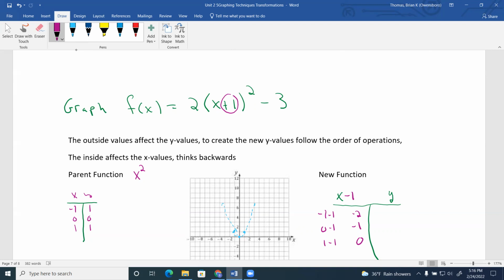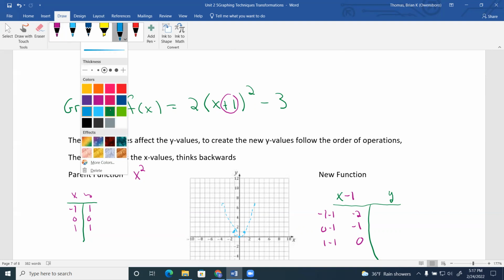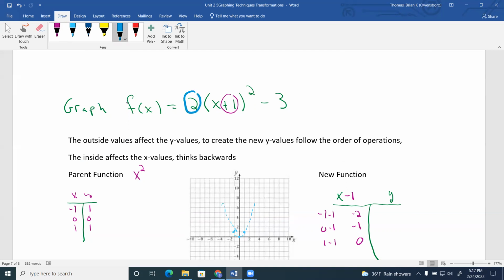Now my y values, notice that there's two things affecting my y's. We have this 2 out here, and we also have this -3.